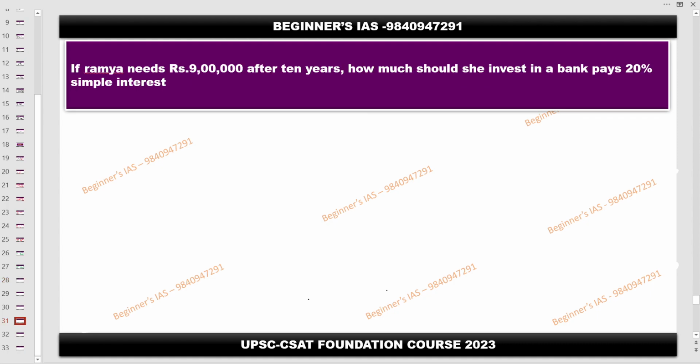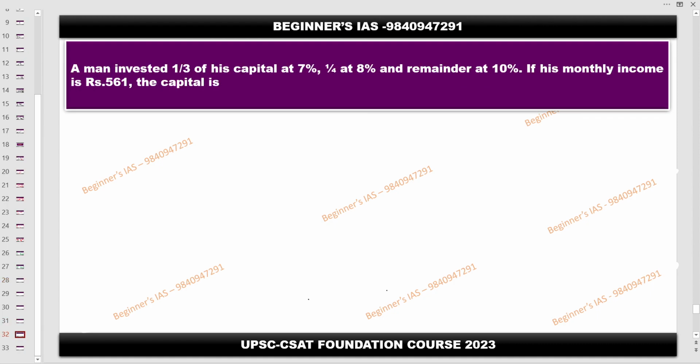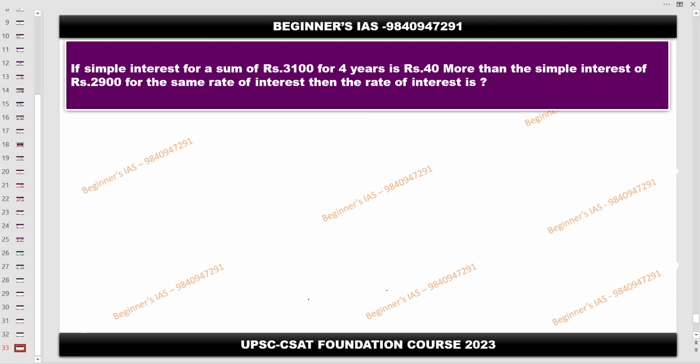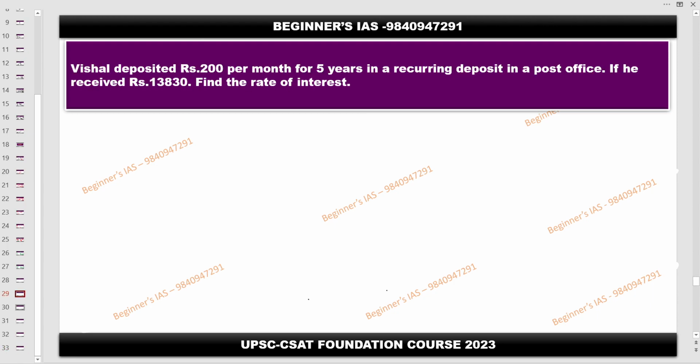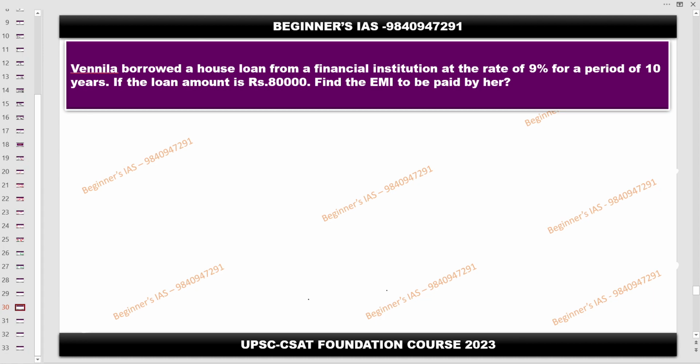So this question, I'll show you. The question is dealing with 10 years, but the question is to find the EMI to be paid by hour. EMI means what? You need to calculate per month. Clear?